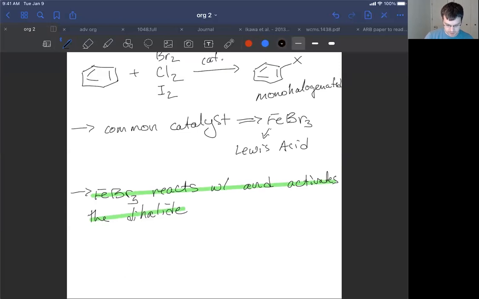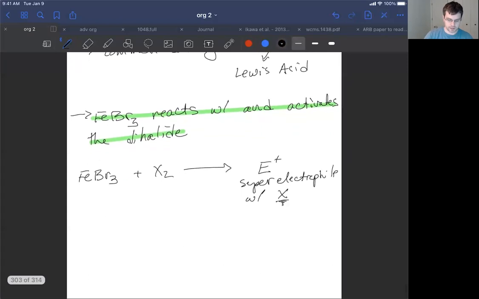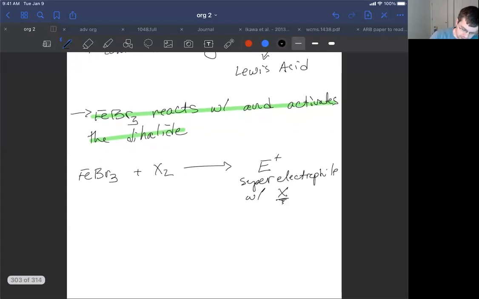So the FeBr3 first reacts with X2 to make a super electrophile with X. It's sort of like an X plus, which could be Br plus, Cl plus, I plus, or whatever.